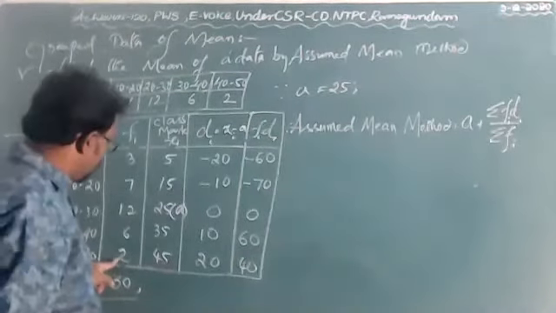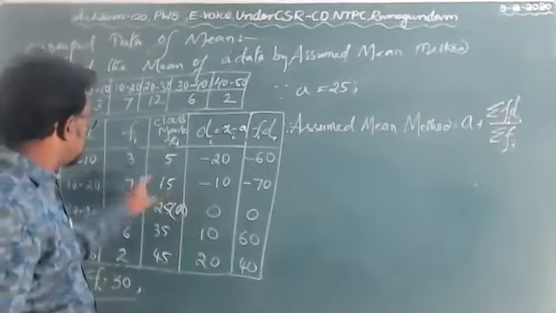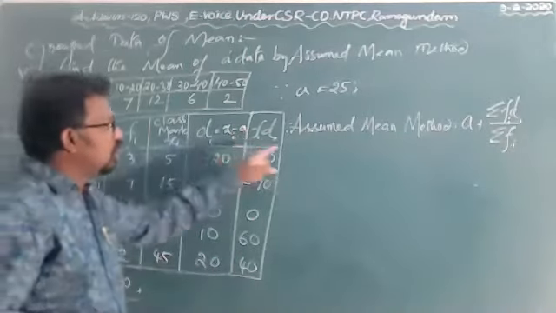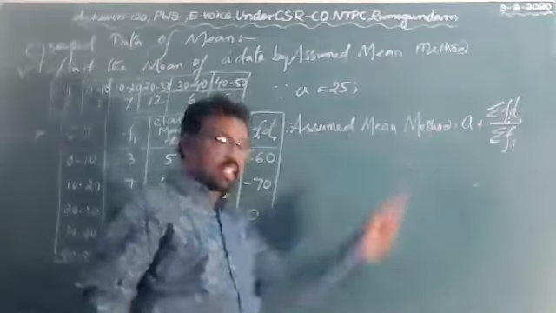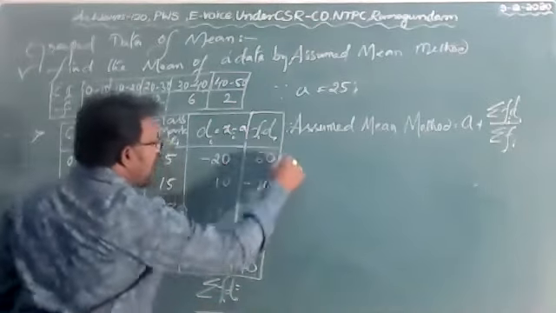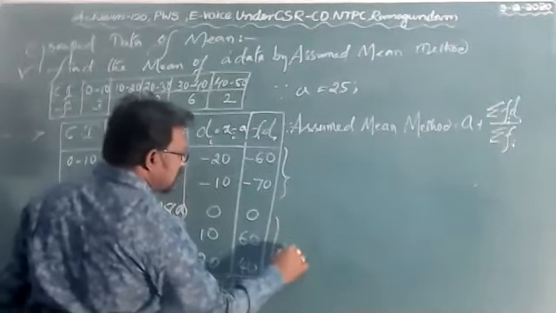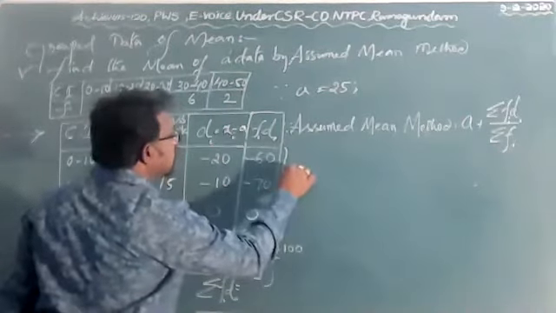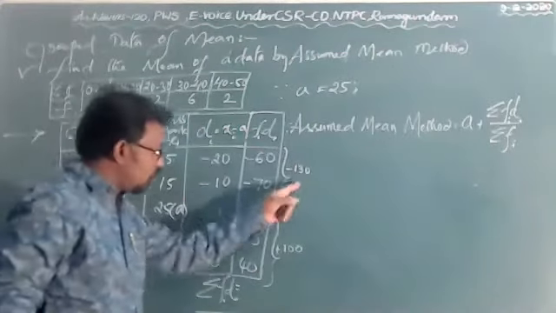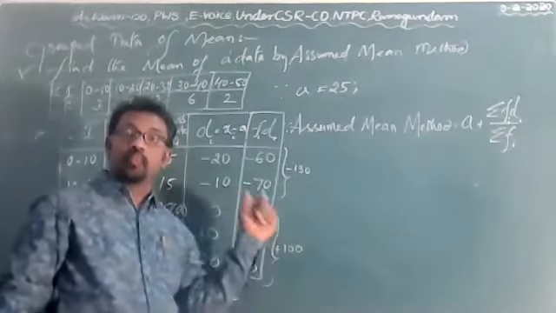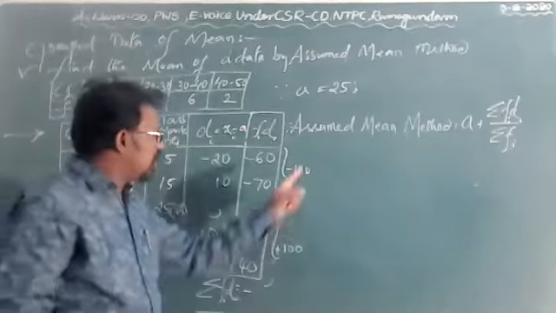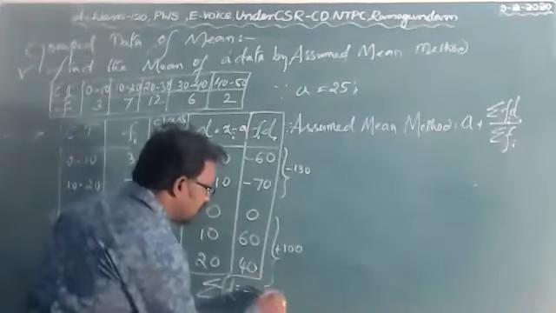Now you have to add; sigma is nothing but this. Sigma FD: add negatives, add positives. This is plus 100, this is minus 130. Which is greater? 130 is greater. What is its sign? Minus. So take minus, and 130 minus 100 is 30.